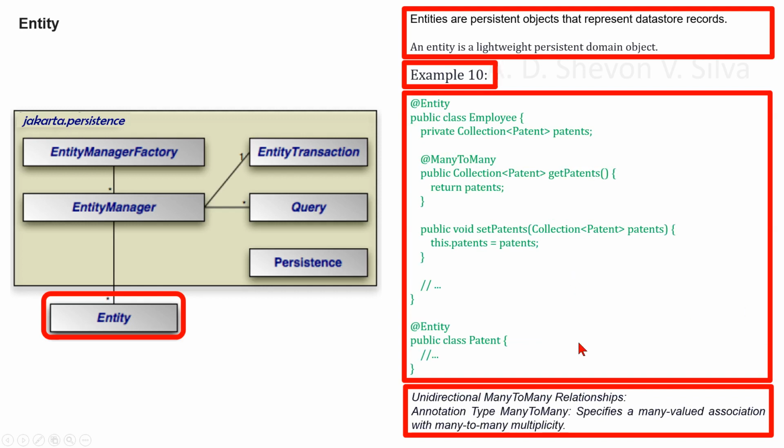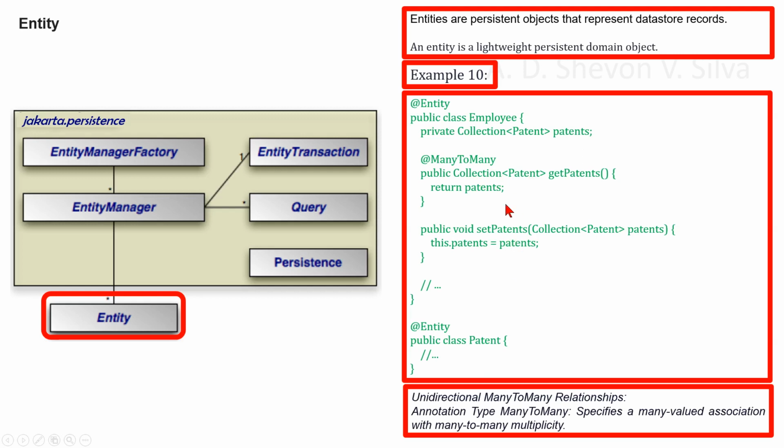As an example 10, we can consider this code segment, unidirectional many-to-many relationship. Here the annotation type ManyToMany specifies a many-valued association with many-to-many multiplicity. The entity employee here references a collection of patent.